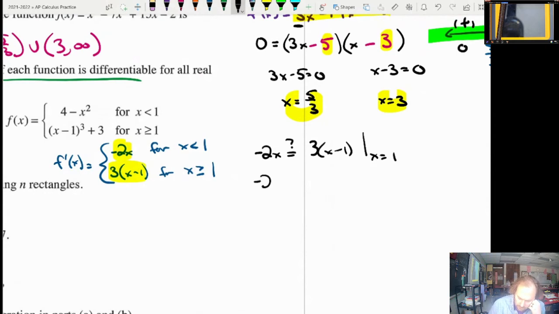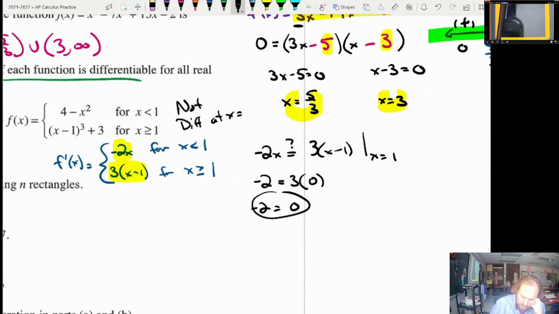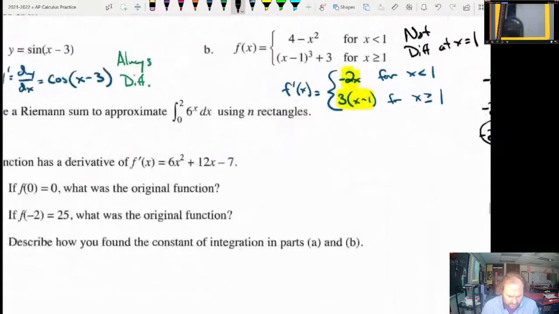Is negative 2 the same thing as 3 times 0? And it's not. So this is not differentiable at x equals 1, because you don't get the same thing there. If it was differentiable, you'd get the same thing representing the same slope, actually, on both sides, but you don't. I don't even know if it's continuous, so I didn't check that.